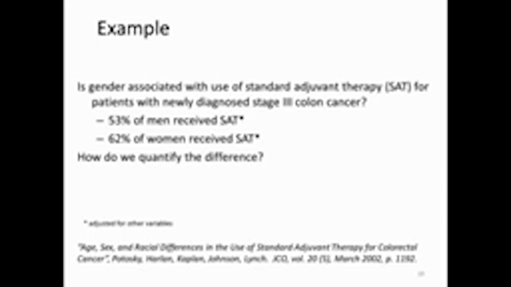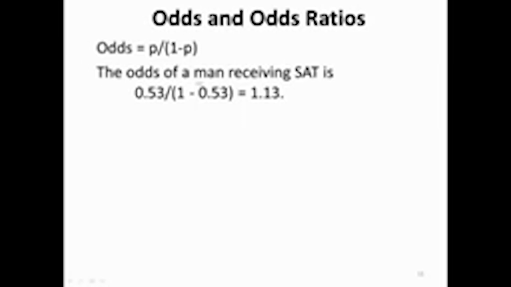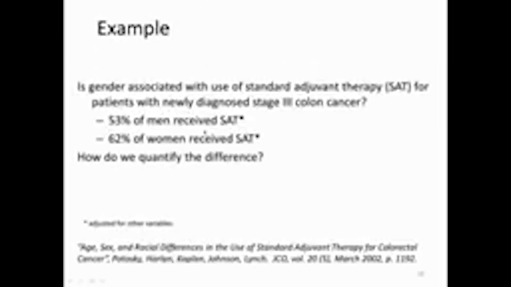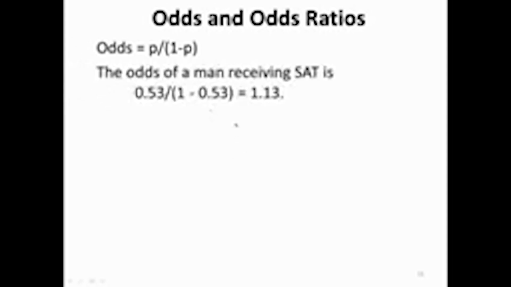That is wrong. This is where the odds ratio comes into the picture. We calculate P divided by 1 minus P. For the men, 53%, that is 0.53 divided by 1 minus 0.53, which is 0.47. 0.53 by 0.47 is 1.13.